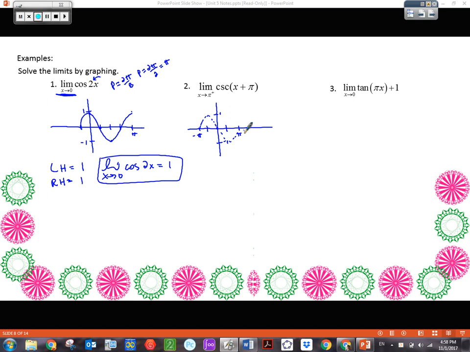Okay. So recall where it crosses the x-axis. Those are where we have asymptotes. Now I'm interested in pi from the right, so I really need to extend this a little bit more. Okay, so our cosecant graph would look like this.